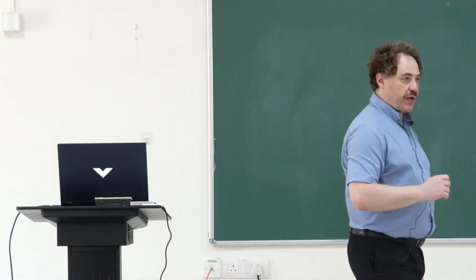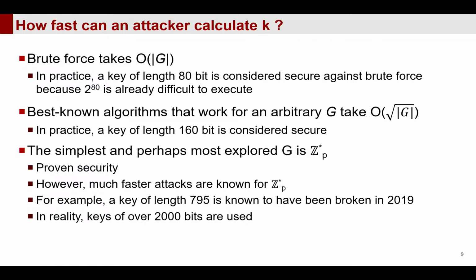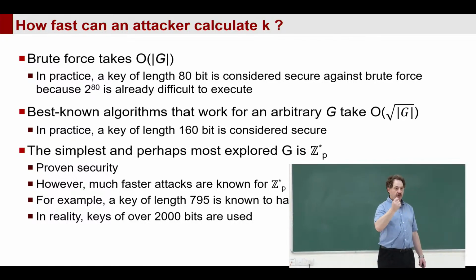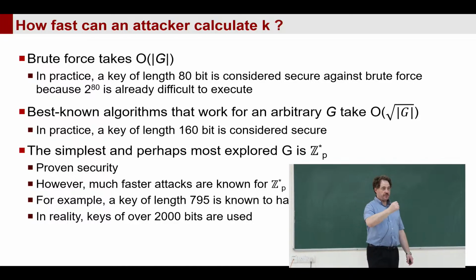So the brute force algorithm: we have B, we have A, and we have G. What can we do? Well, we can just take B and start multiplying it by itself. To the second, to the third, just brute force.